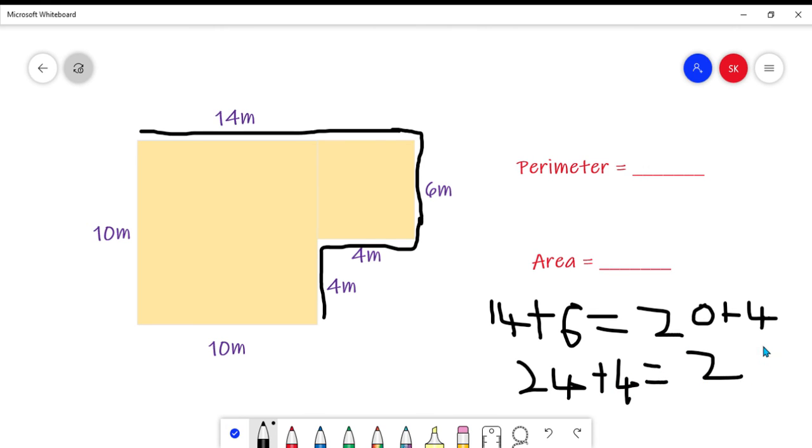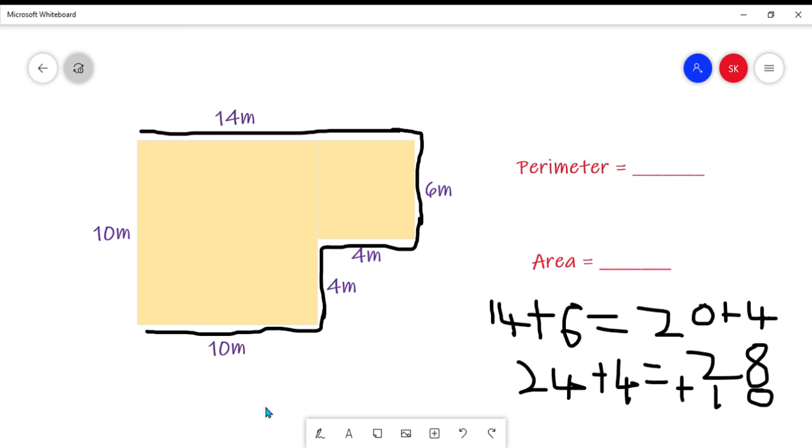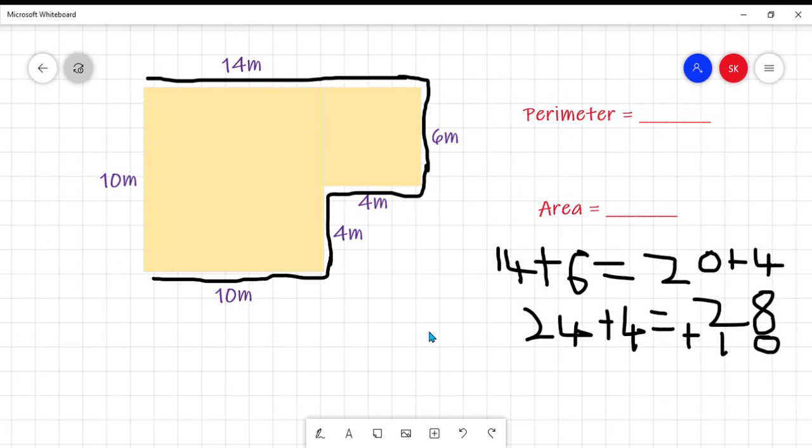Then add another 10. Let's move it slightly.